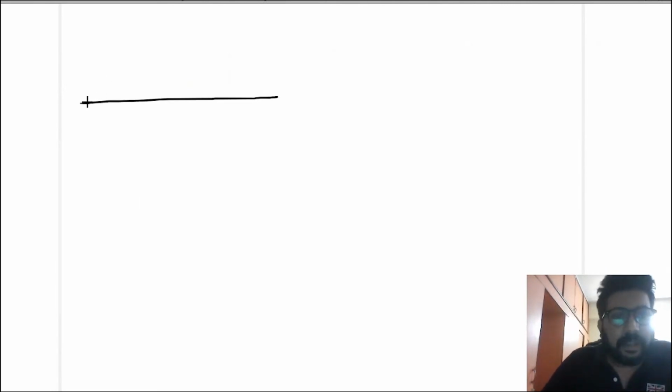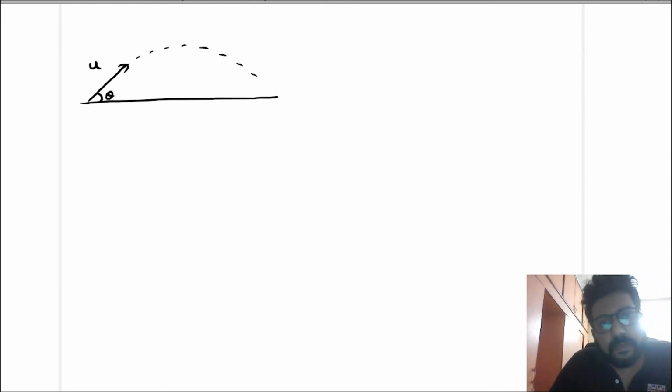Suppose a particle is projected with a speed u at an angle theta. Then this is the highest point, and this is the landing point.